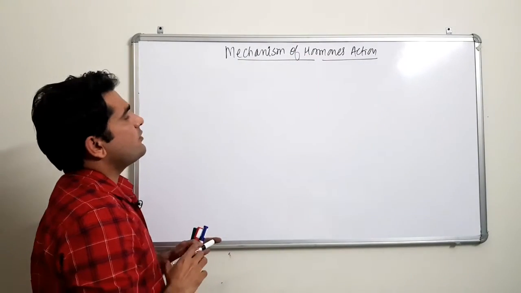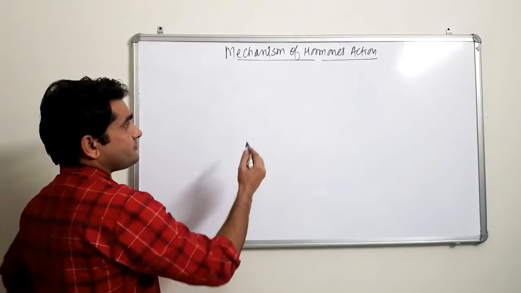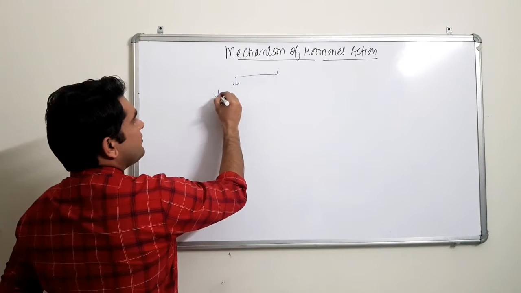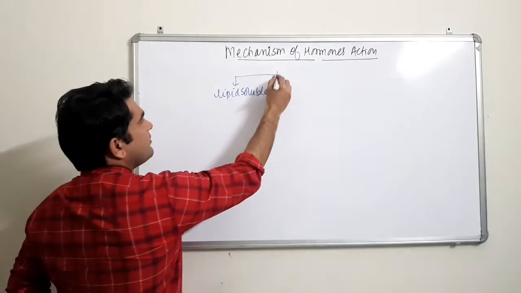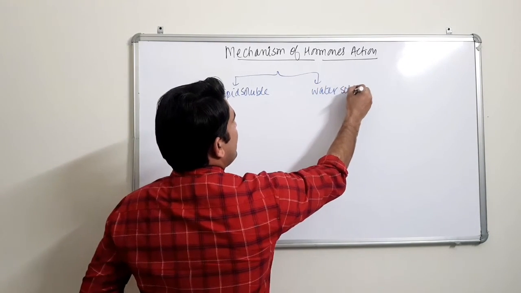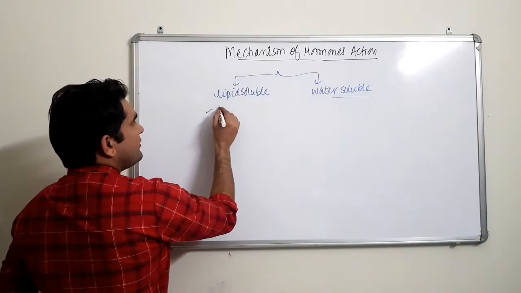Trace amount. So the concept would be that hormones have been divided into two categories. One category is lipid soluble and the other category is lipid insoluble, or let's call it water soluble. Which hormones are lipid soluble? All the steroid hormones.